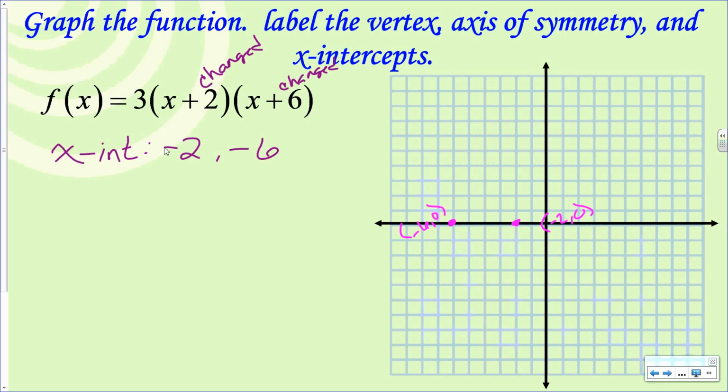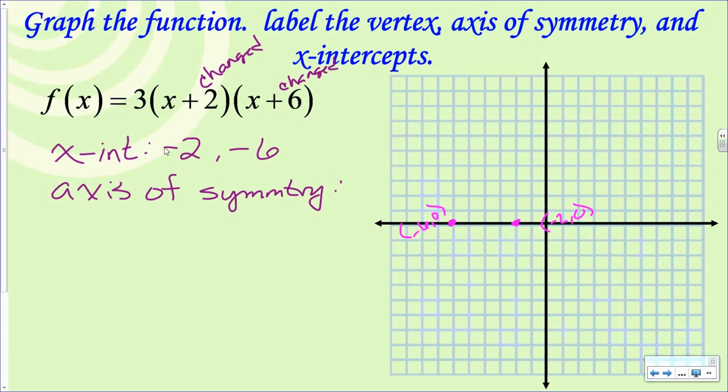Now I need to find my axis of symmetry. Doesn't it say label? And how do I find my axis of symmetry? We talked about it earlier in our notes. It's half of these. I'm going to add these and divide by 2.